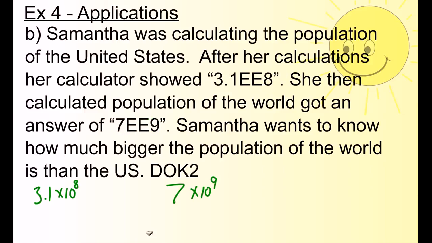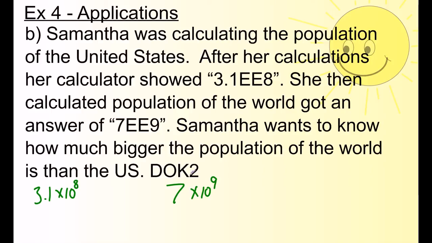Okay? So we now know how the calculator might show this. There's a couple different ways the calculator might show it. I think there's one way that has, instead of 2 E's, just 1 E. But you kind of get the idea. But now the question is, Samantha wants to know how much bigger the population of the world is than the US.